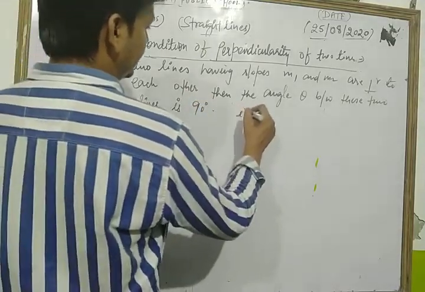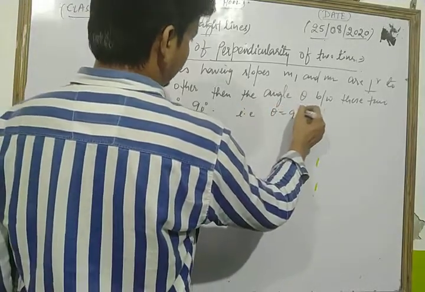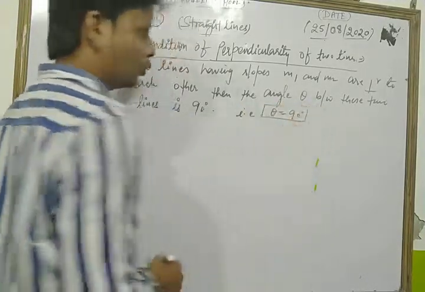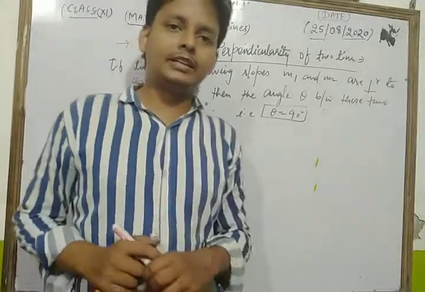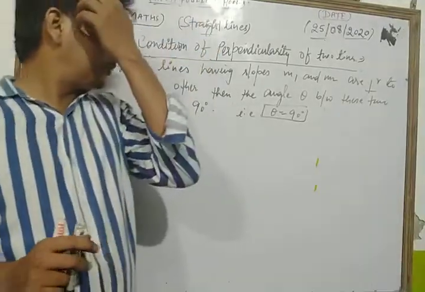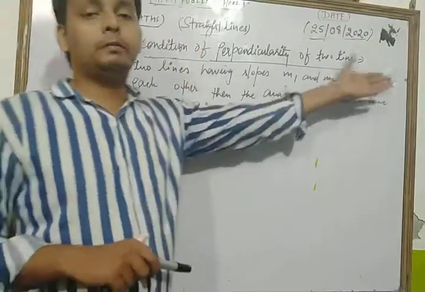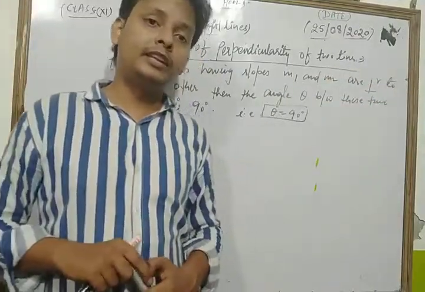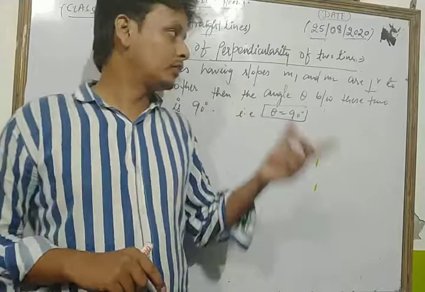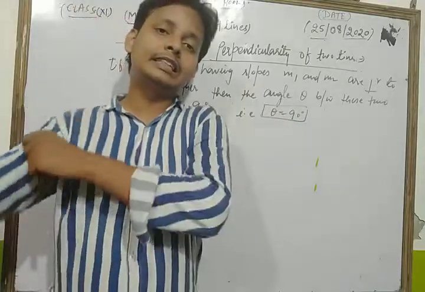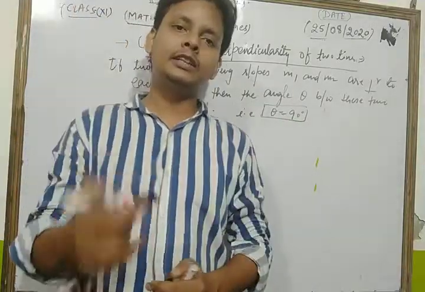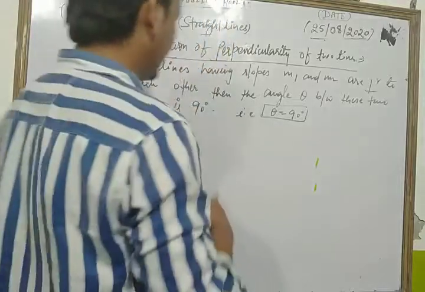That is, the angle theta between these two lines is 90 degrees. So we have, if two lines having slopes m1 and m2 are perpendicular to each other, then the angle between these two lines, that is theta, is equal to 90 degrees.